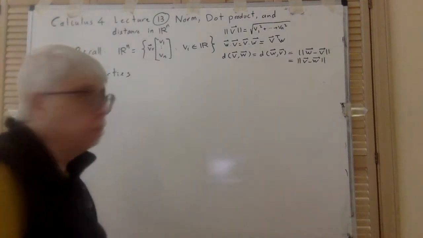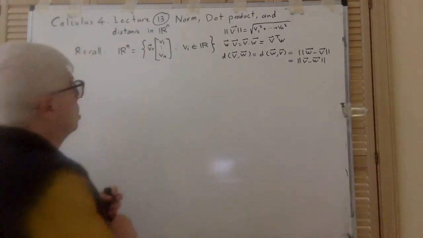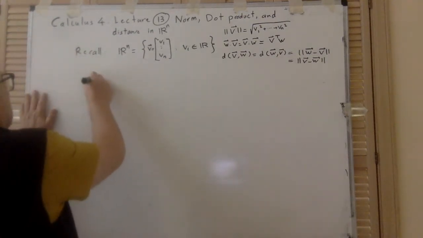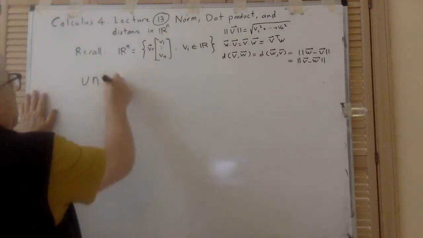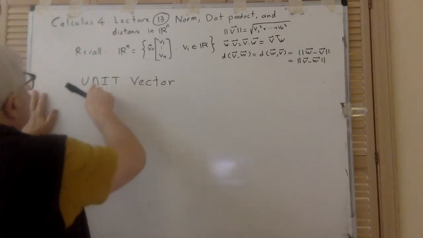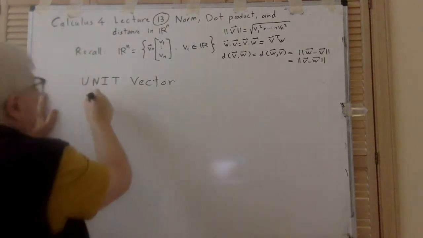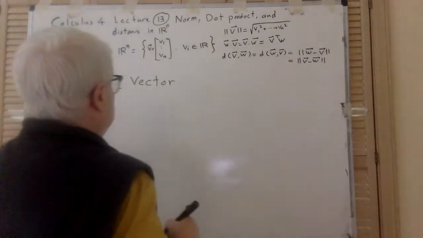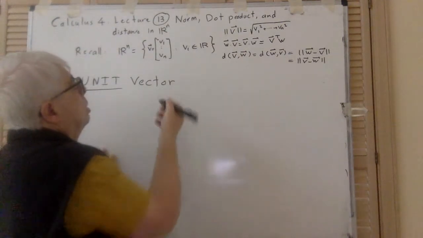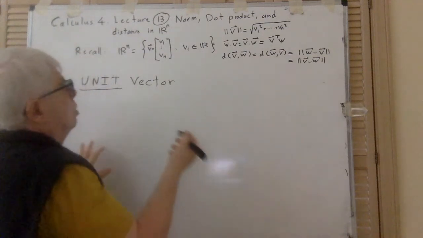An important object that we will see a lot is a unit vector. A unit vector, as the name implies, should be related to 1. What 1?